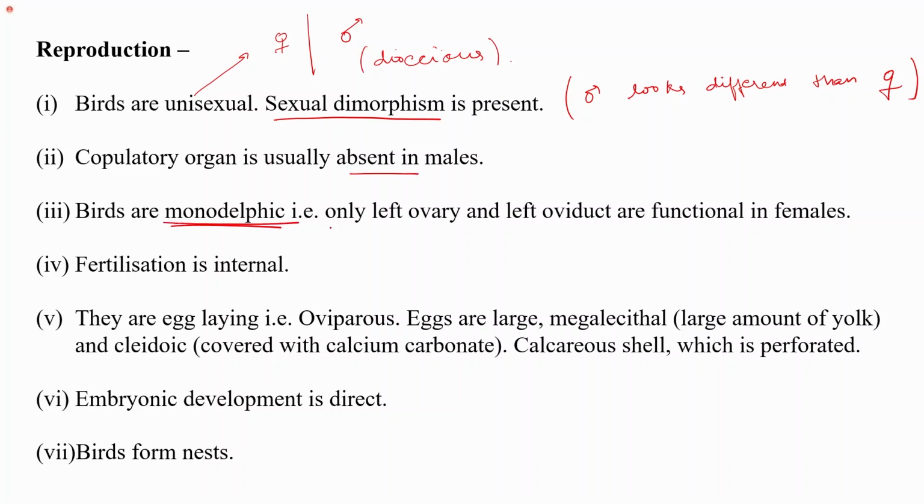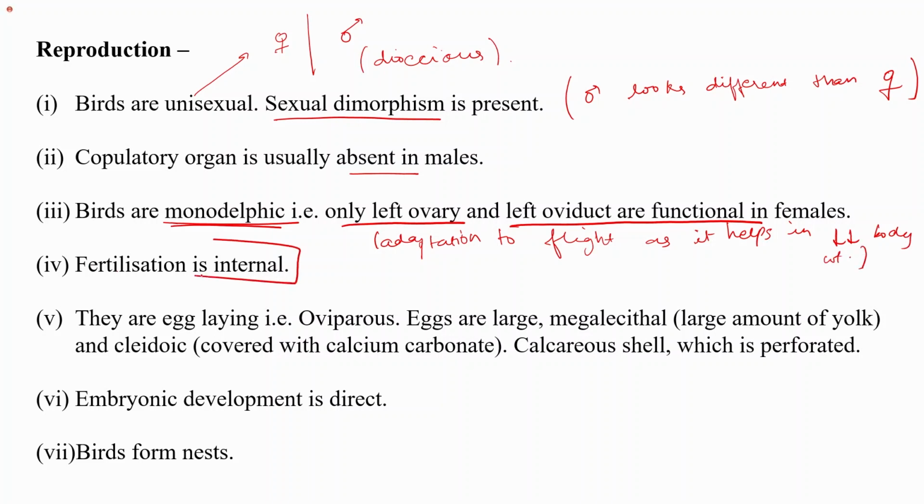Birds are monodelphic. That is, only left ovary and left oviduct are functional. Why is it so? This is also an adaptation to flight, as it helps in lowering the body weight. Right?